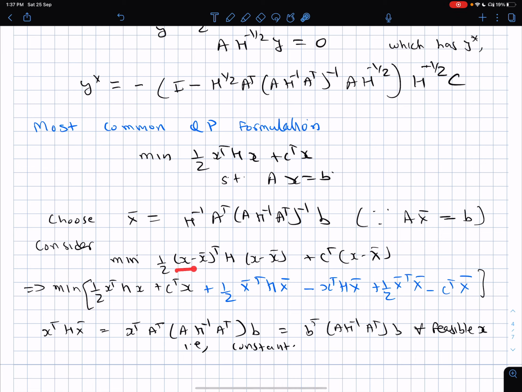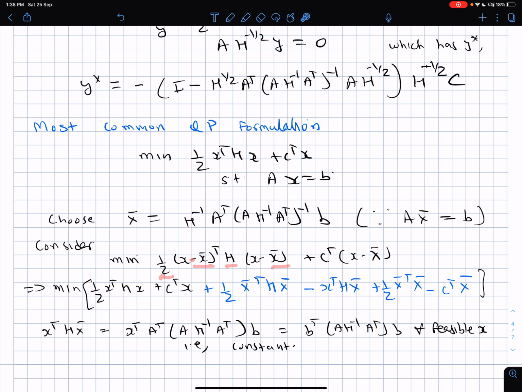I'll get half of x transpose Hx, which I have written here, plus c transpose x, which I have written here, plus half of x bar transpose H x bar.